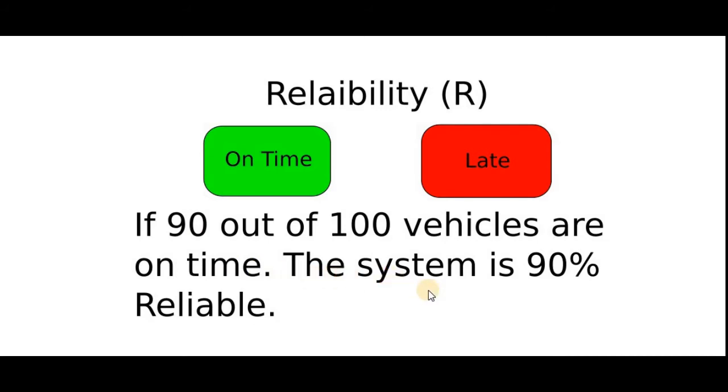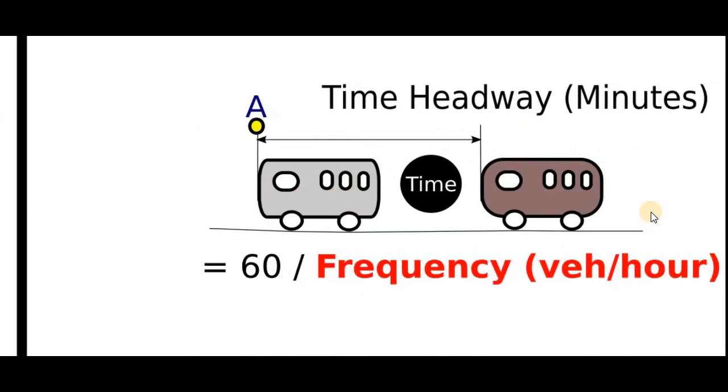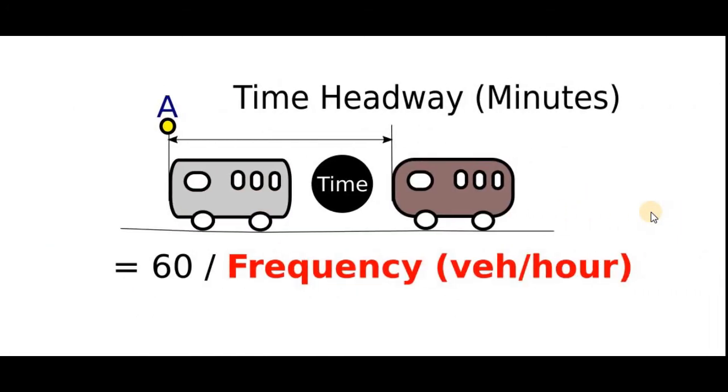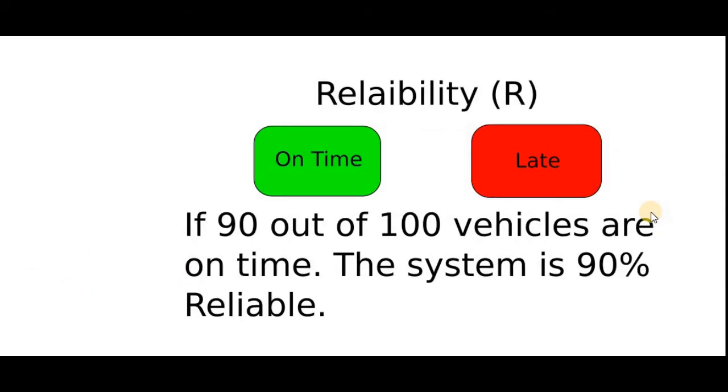You stand at a bus station and you count that out of 10 vehicles, 9 were on time and 1 was late. So the system is 90% reliable, right? 90% of the time, the buses are coming at their designated time, so it's fine. So we have 3 things clear: your time headway, your frequency, and also how reliable the system is.